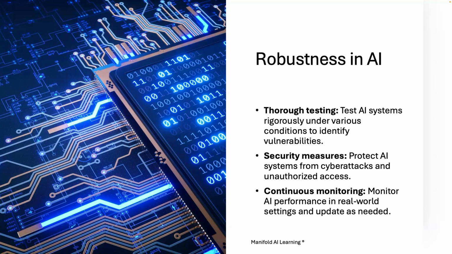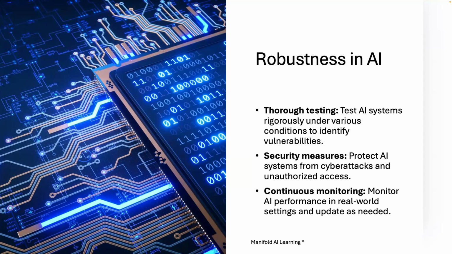This will ensure that the AI product we deploy is robust and will not be affected by vulnerabilities or by hackers or other groups. And more importantly, the second one comes over here: protect the AI system from cyber attacks and unauthorized access. So this comes under the security measure.